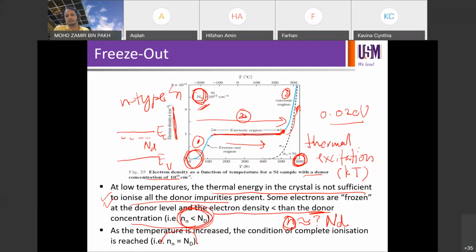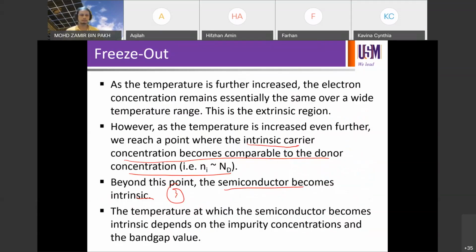Boltzmann constant times the current temperature. So they'll give you a lot of thermal excitation, and as a result, the electrons excited into the conduction band are dominated by thermal excitation rather than the contribution by the donor atoms, right? Donor atoms. So Ni is going to dominate Nd. So beyond this point, the semiconductor becomes intrinsic, so no longer extrinsic.